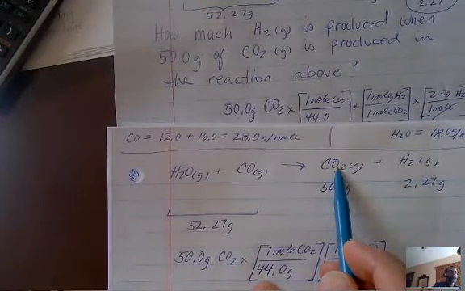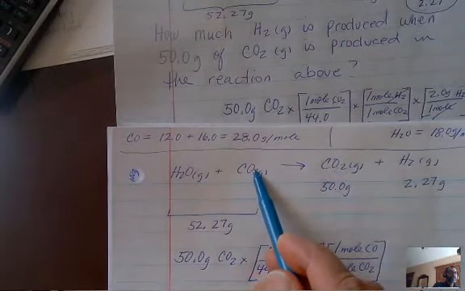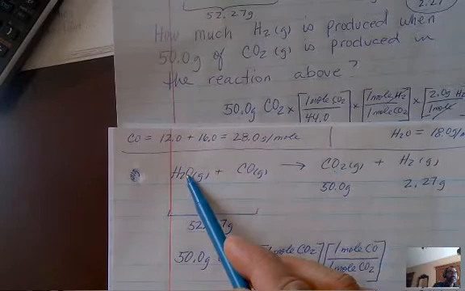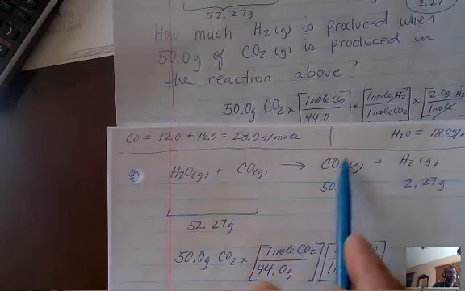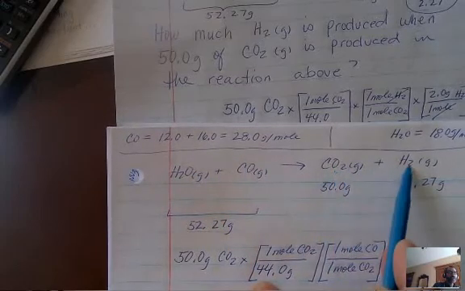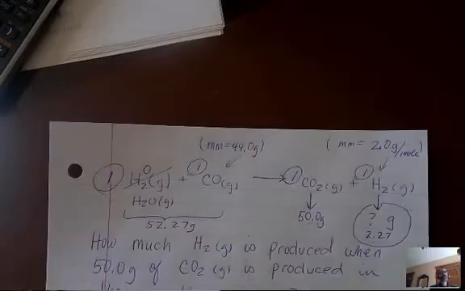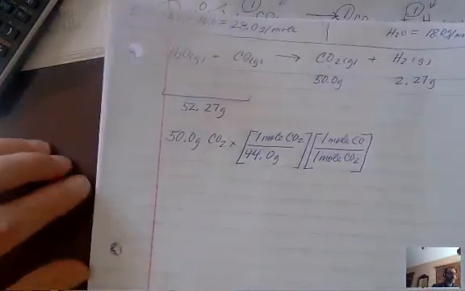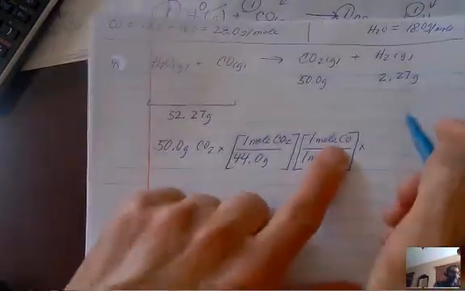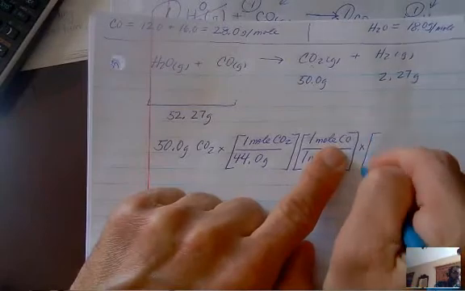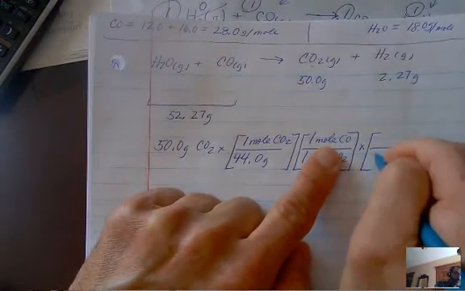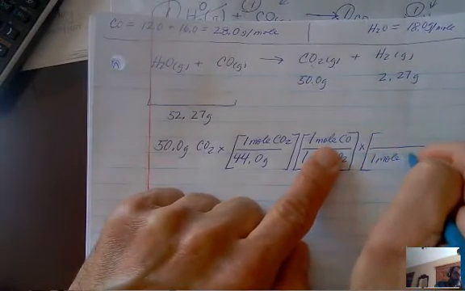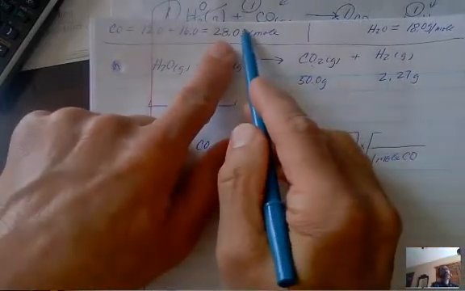He was 44. This guy's 28, his mass. This guy is 18, and this guy was 2, right? The 44 and the 2 we calculated on the last page. Right? Molar masses right from the periodic table. Okay, last step. I'm going to use my 28 here. It's going in the numerator. 1 mole of CO weighs 28 grams.